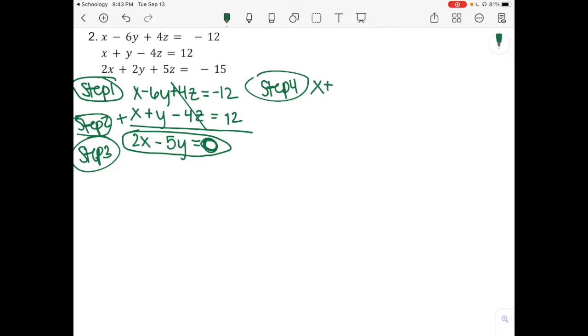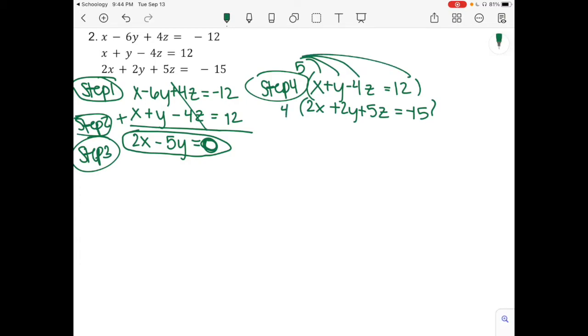So x plus y minus 4z equals 12. And then 2x plus 2y plus 5z equals negative 15. So I'm going to have to eliminate z, so I'm going to multiply both equations. This one's going to get multiplied by 5, and this one's going to be multiplied by 4.